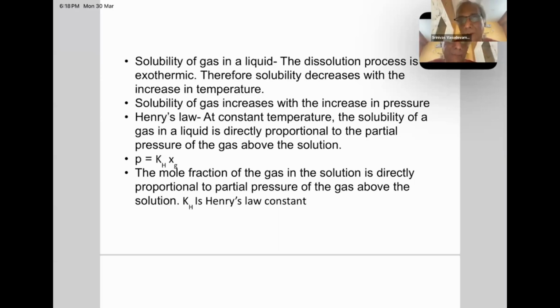Now let us see the relationship between the solubility of the gas and the pressure applied above the solution. It is given by Henry's law. There are two ways of stating Henry's law.